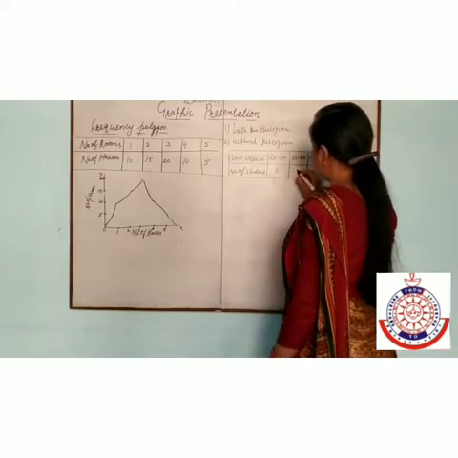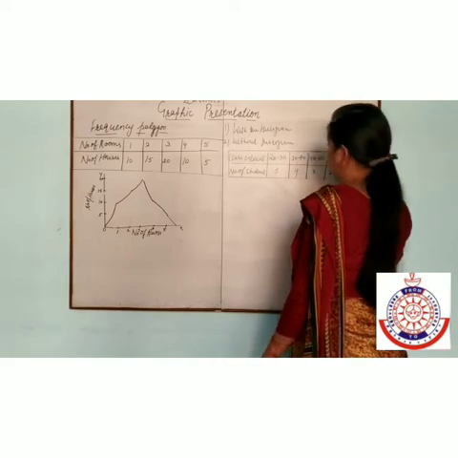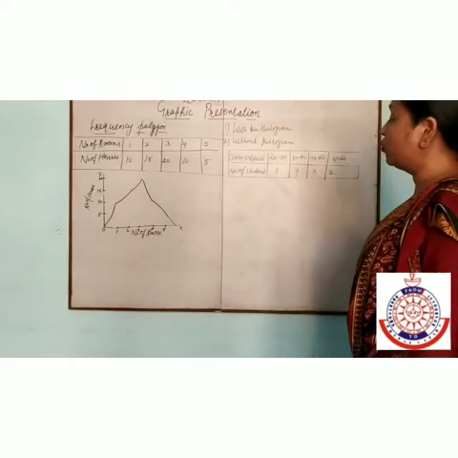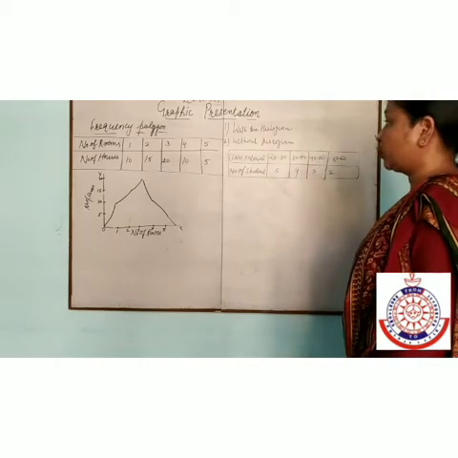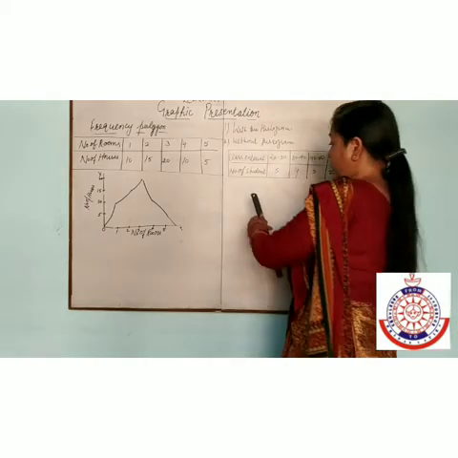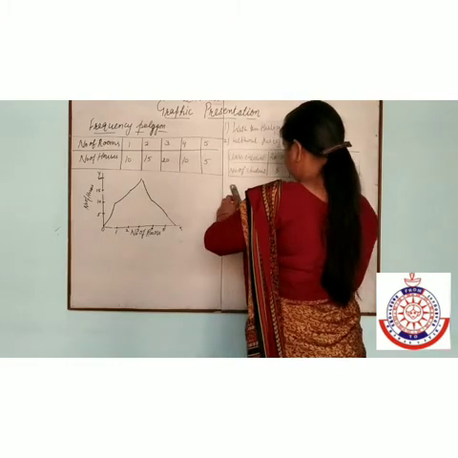And students are 5, 4, 3, 2. Now, how can we draw the frequency polygon using the histogram? First of all, we will draw the histogram here.